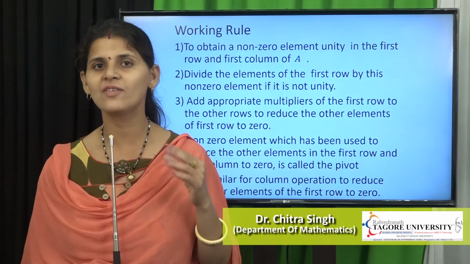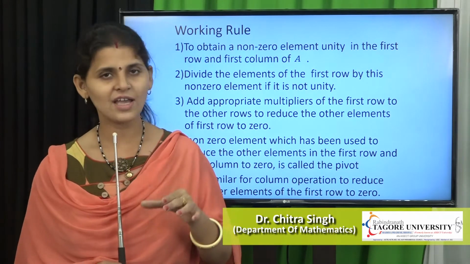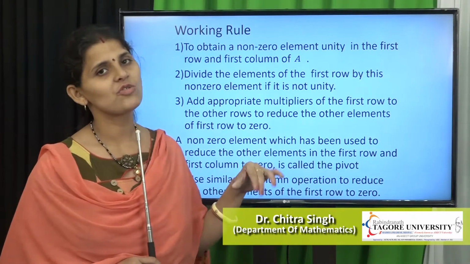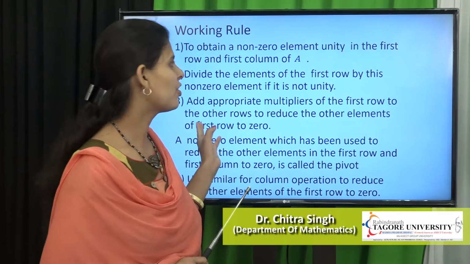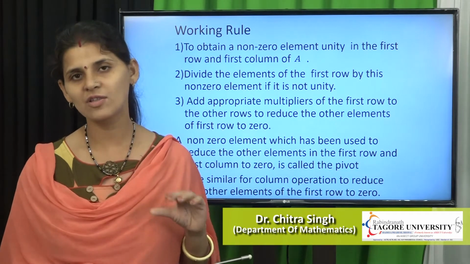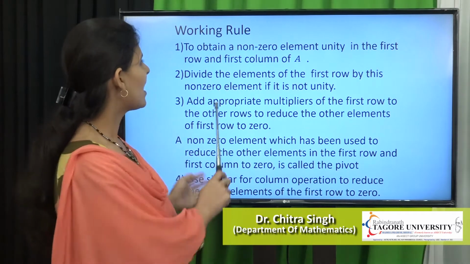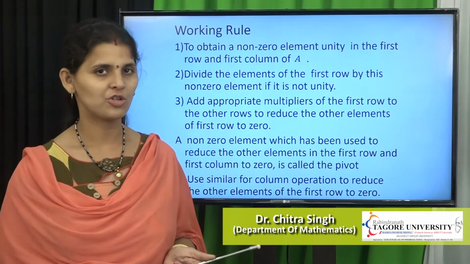If the first element of the first row and first column is 1, you add appropriate multiples and reduce the other elements of the row to 0. If the first element is not 1, you divide the elements of the first row by this non-zero element, if it is not unity.